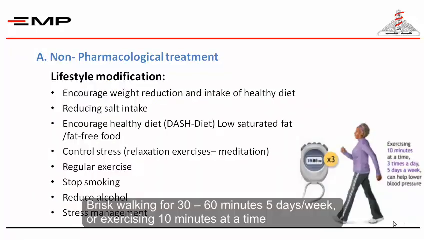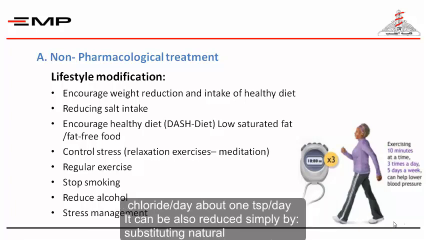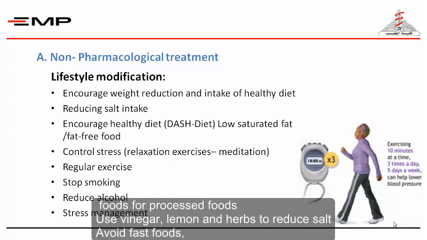The non-pharmacological treatment, as we all know, depends on lifestyle modification. It is changing the behavior of the patient in his life, so we will encourage weight reduction and intake of a healthy diet. We will ask him or her to reduce the salt intake, and encourage a healthy diet, which is summarized as the DASH diet for hypertensive patients.